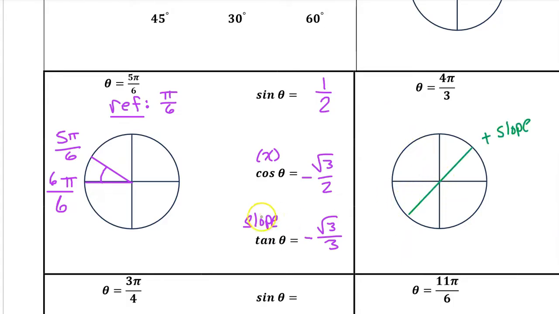That makes sense with the slope because in these two quadrants, the terminal side of the angle will have a positive slope. See how it's rising from left to right. Whereas in these two quadrants, the slope of the terminal side will be negative. See how the line is falling from left to right in these two quadrants.